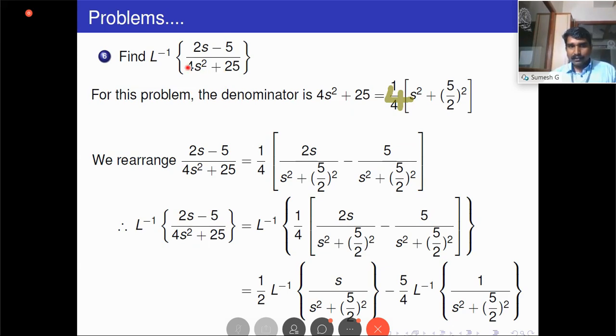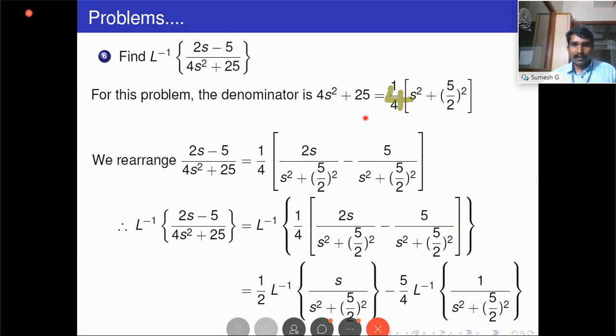To use the corresponding formula, if the denominator is s square plus a square, then we have two formulas. Inverse of s by s square plus a square is cos at, and inverse of 1 by s square plus a square is 1 by a sin at. So the coefficient of s square must be 1.